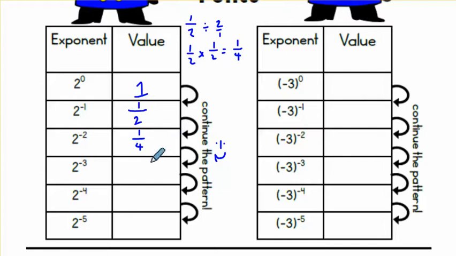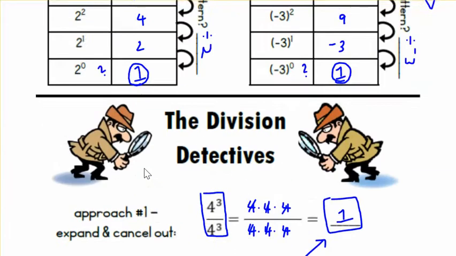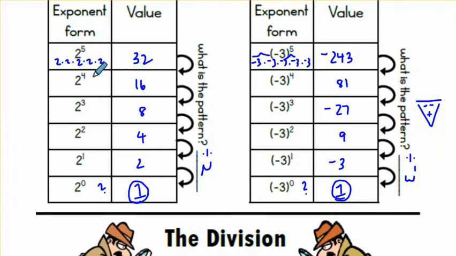If we divide by 2 again, we're going to get 1/8. And 2 to the negative 4th would be 1/16. Now, I want you to look back to our earlier table. Let me scroll up here and see if we can make a prediction. Remember, we had 2 to the 4th power, and it was 16.